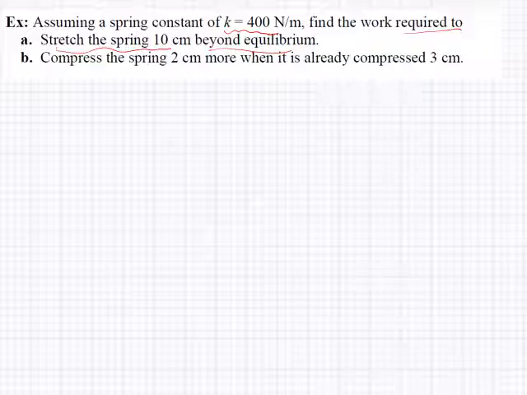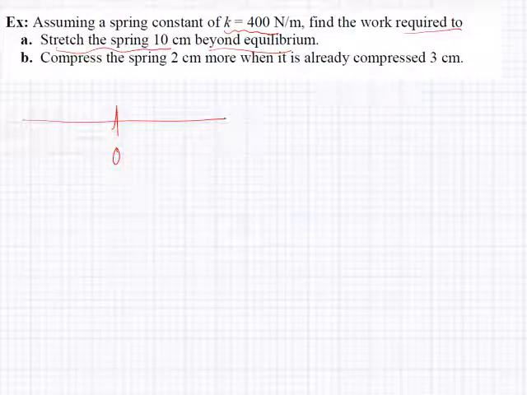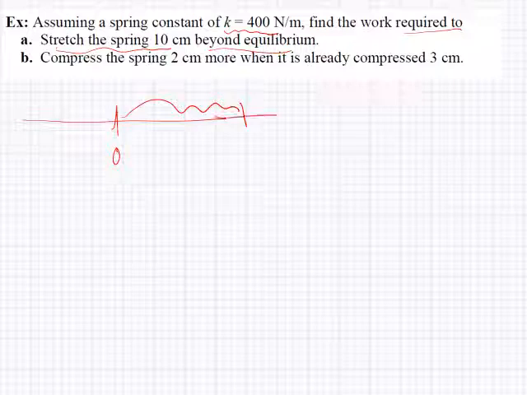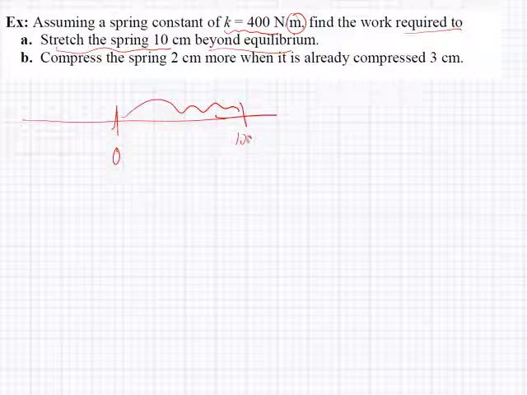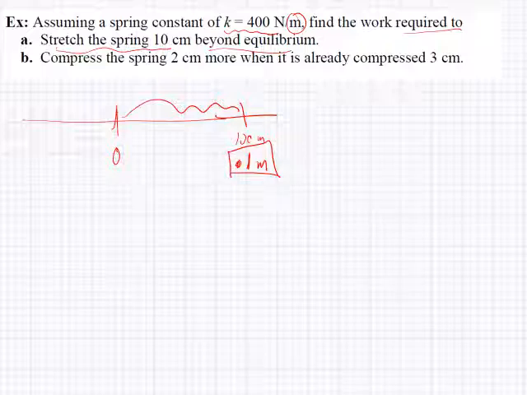So if you think about a spring sitting at 0, that's its equilibrium, and we're going to stretch it 10 centimeters. Well, the spring constant is given to us in meters, so we really should take this 10 centimeters and write it in terms of meters. So this is 10 centimeters, but in terms of meters, it would be 0.1 meters. That way our units of measurement all line up.